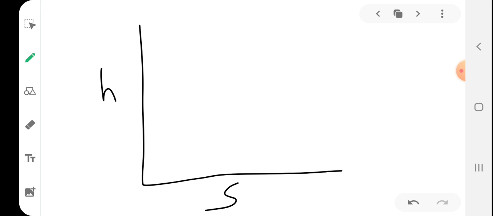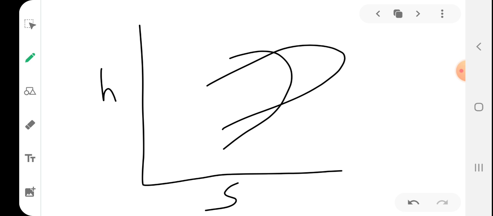Suppose this is a Fano flow, it will be somewhat like this, and the Rayleigh flow will be like this.